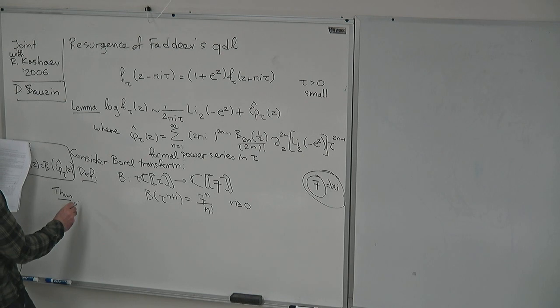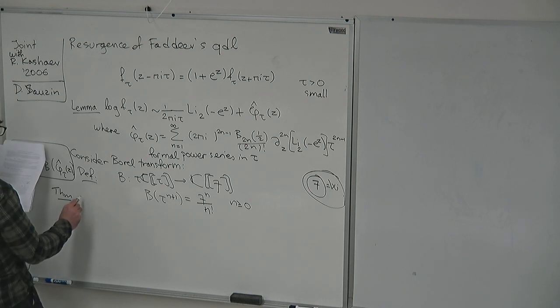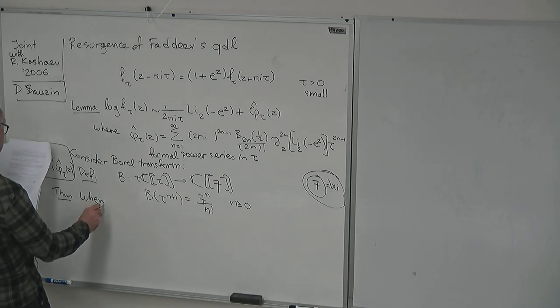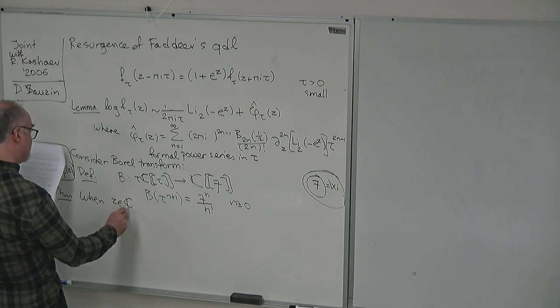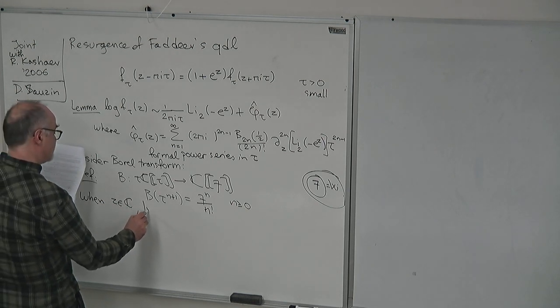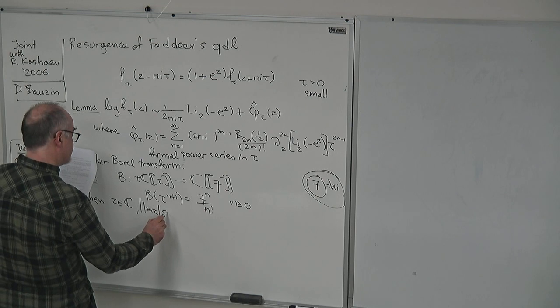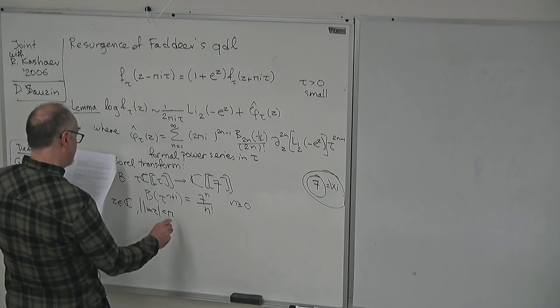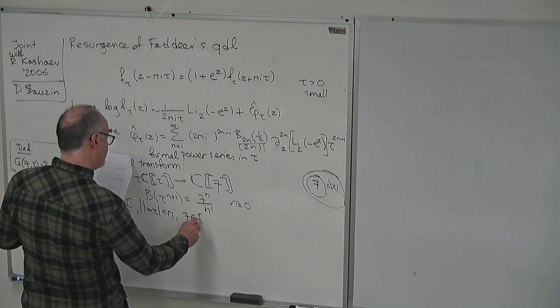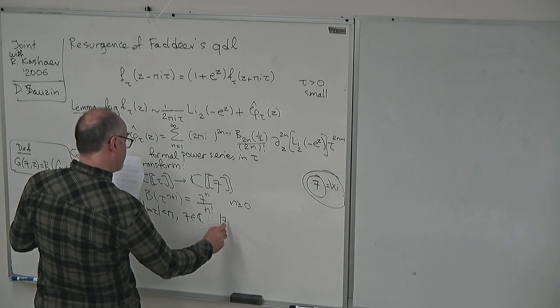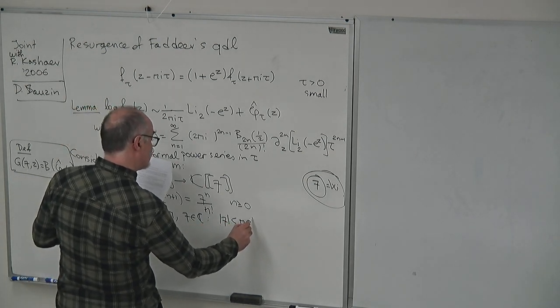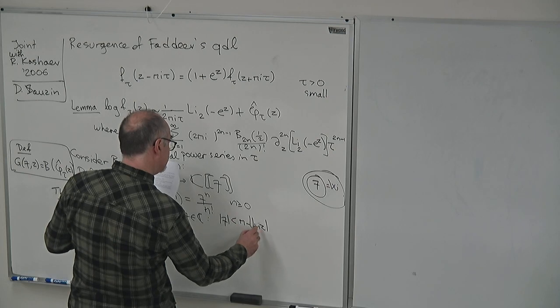The formula is the following. There are some analytic assumptions. z is a complex number whose imaginary part has absolute value less than pi, and xi is a complex number whose absolute value is less than pi minus the absolute value of the imaginary part of z.